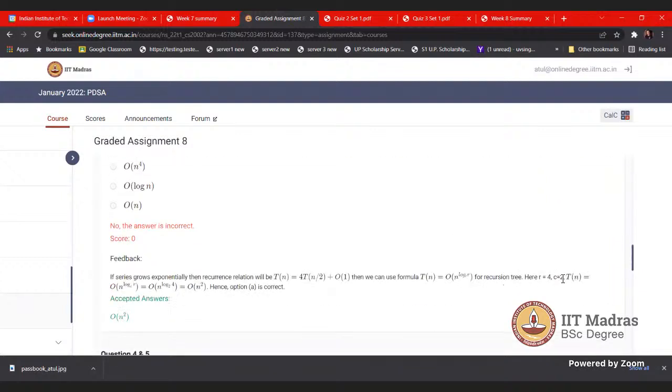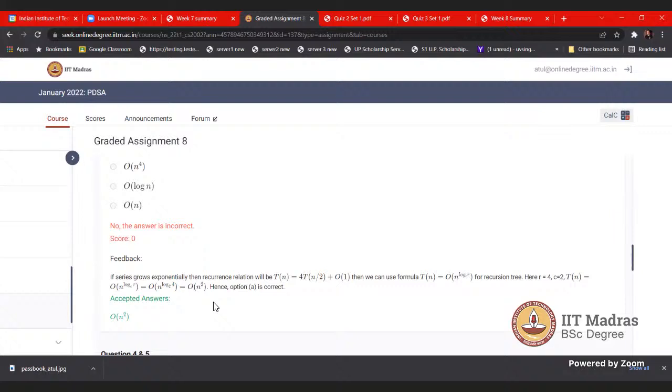What is c is actually 2, n by 2. This c value is represented by how we are dividing. You can see here r equal to 4, so this value is represented as r. The c value is represented as 2, and T(n), if we apply this formula, becomes n square.